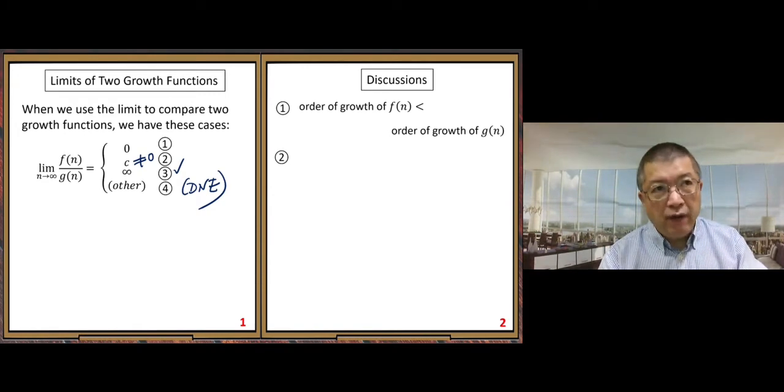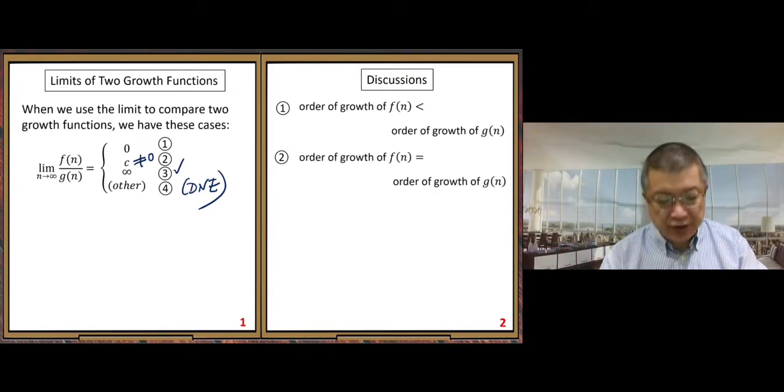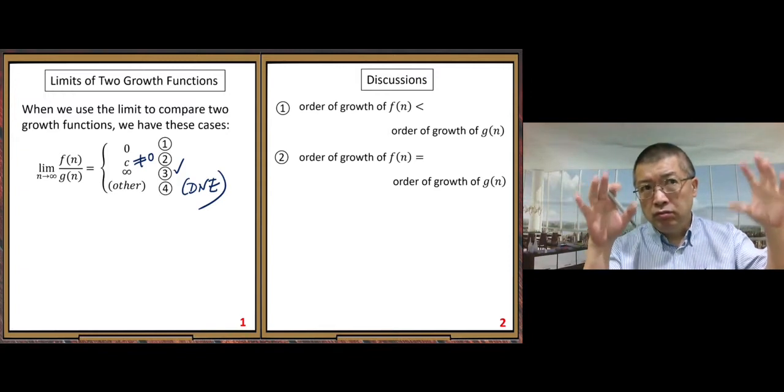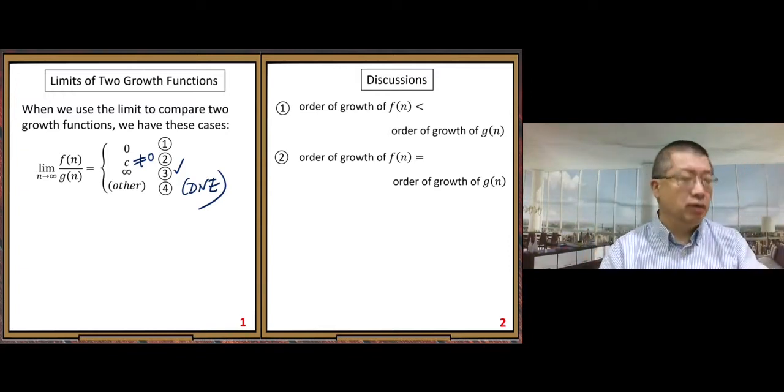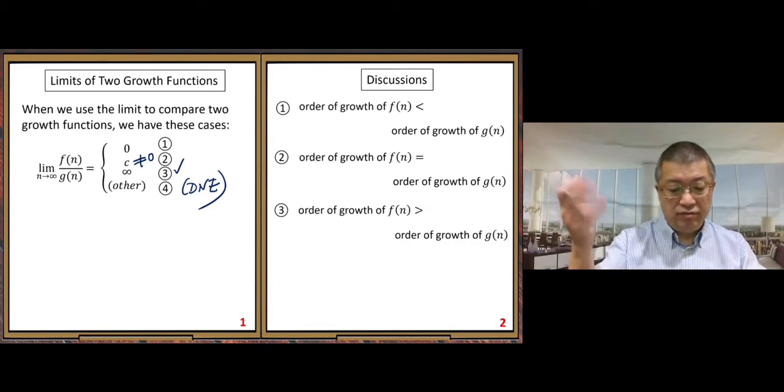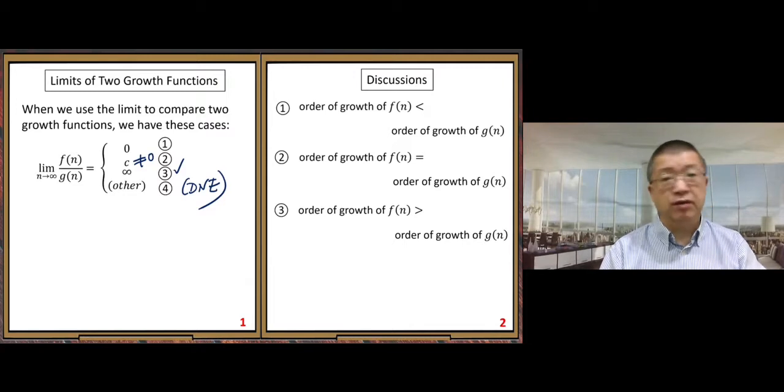When the ratio of these 2 functions tends to a non-zero constant, we say they have the same order of growth, proportional. Case number 3, the order of growth of the numerator function is higher, larger than that of the denominator function. So we have this conclusion.